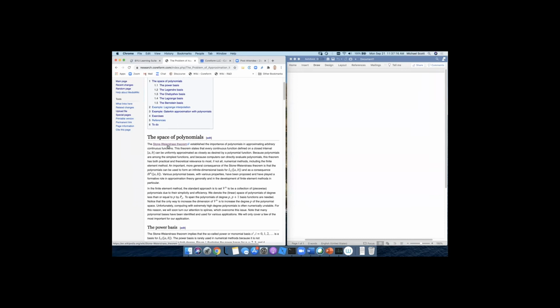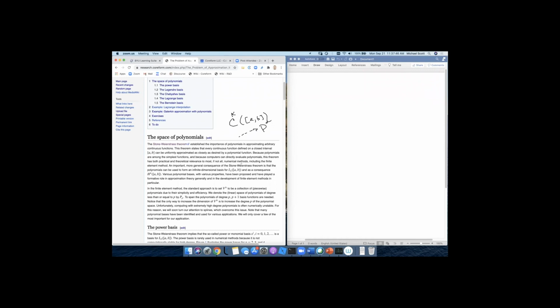This was a really important result that related continuous functions, these C^k spaces, to polynomials: any function in here can be approximated arbitrarily well with some sequence of polynomial spaces of some degree.